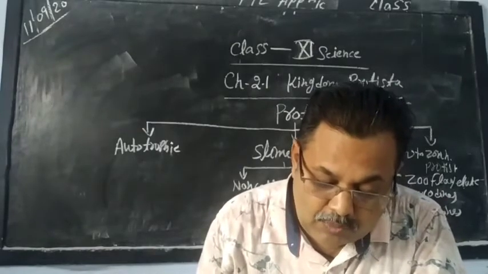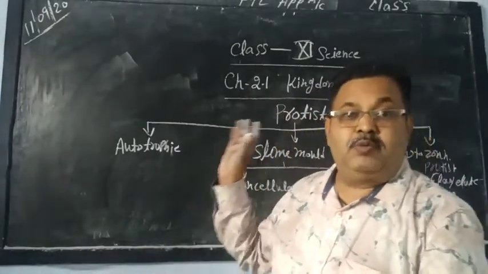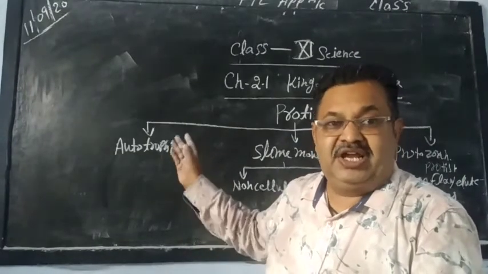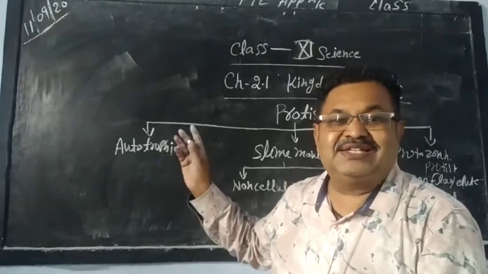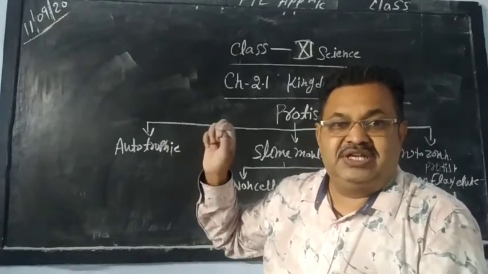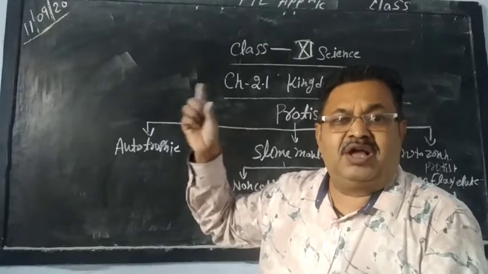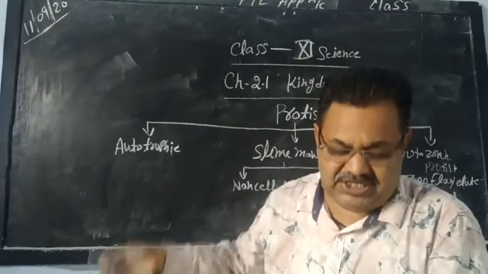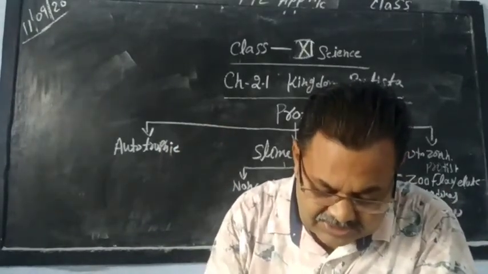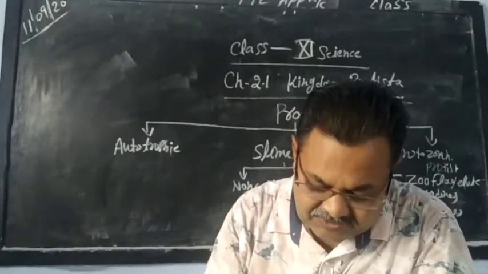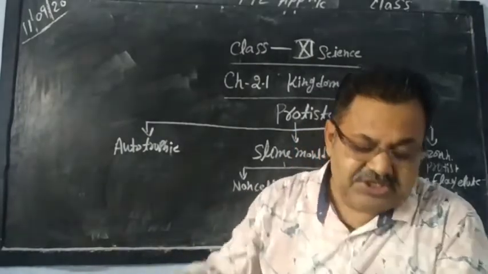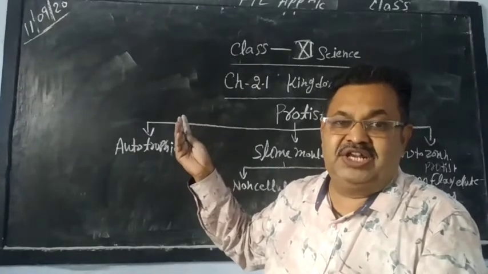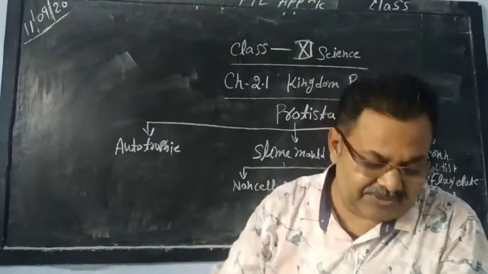Now, locomotion in protist. Locomotion in protist is through the locomotory organ. In a paramecium, the locomotory organ is cilia. Cilia are small structures on the body of the paramecium, so it moves through the cilia. Then the next locomotory organ is flagella. Flagella is a thread-like structure, and euglena moves through the flagella.